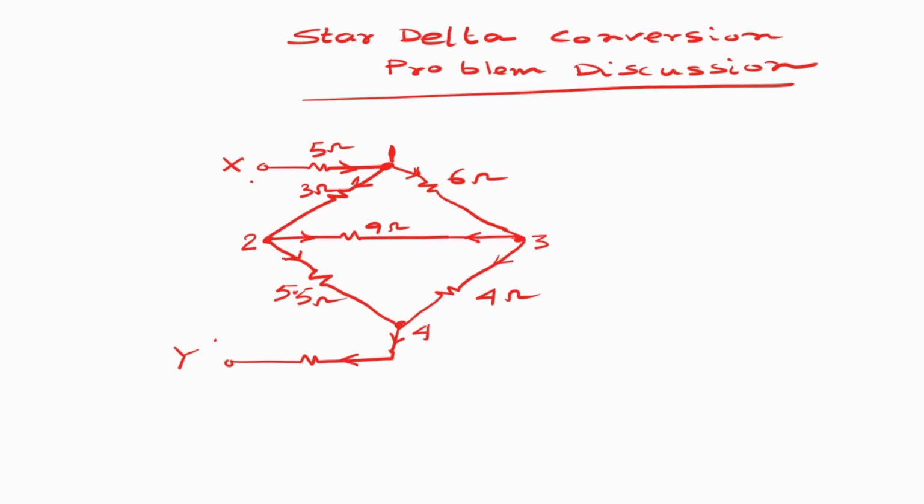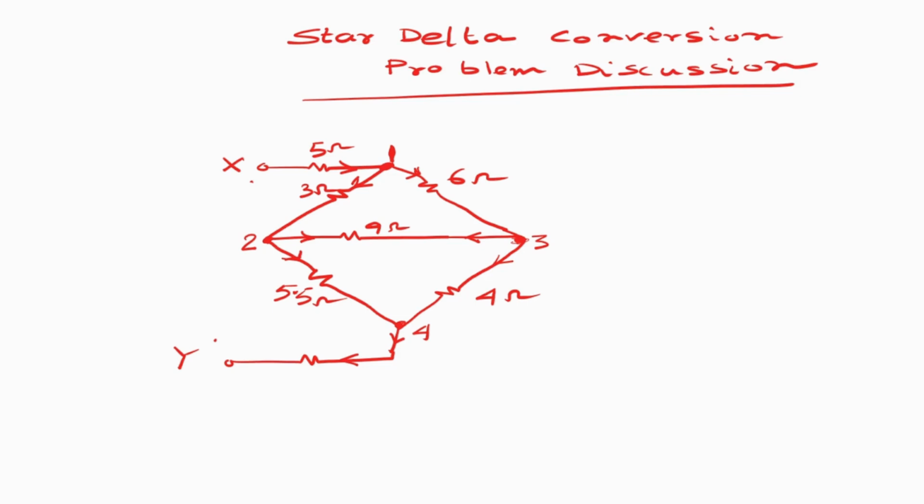When we calculate this current, we consider the current passing from junction 2 to junction 3, and the current division at junction 3, passing through the 9 ohm and the 4 ohm. Because between junctions 2 and 3 there is a 9 ohm resistance, the current can flow in both ways, from 2 to 3 or from 3 to 2. So this is the problem.